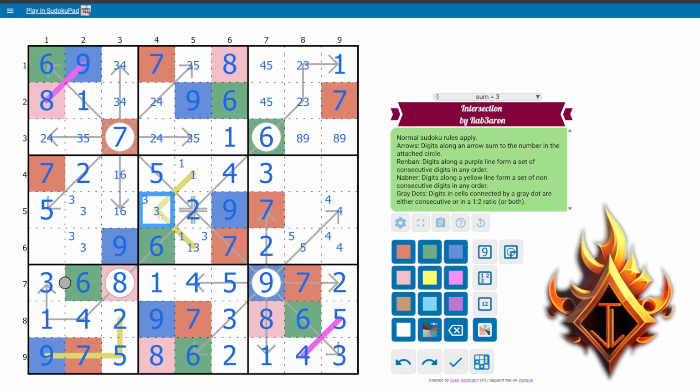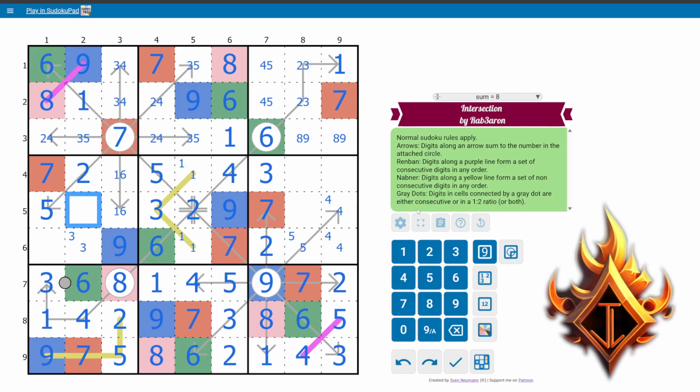Which, now this has to be 3. It's the only thing left in the column. And that will put a 3 here. 5, 2 with 4, 3.